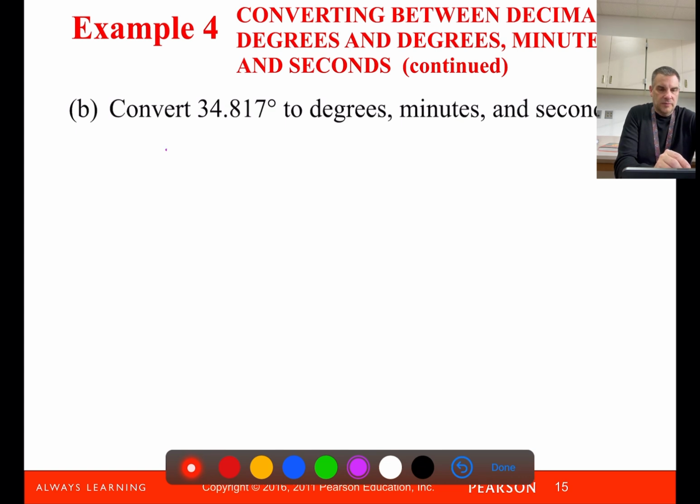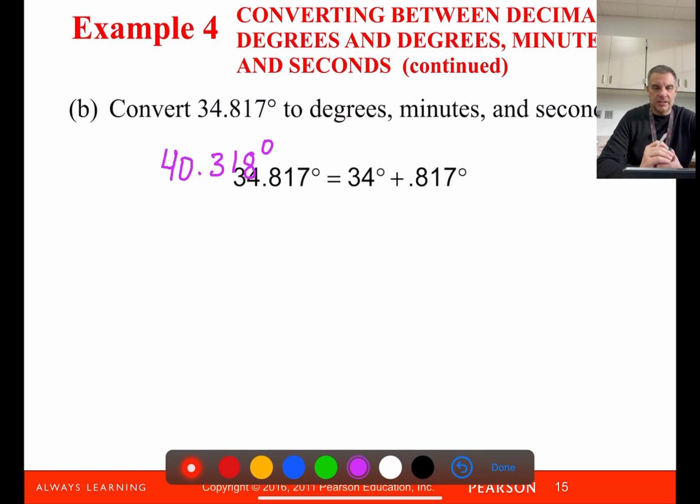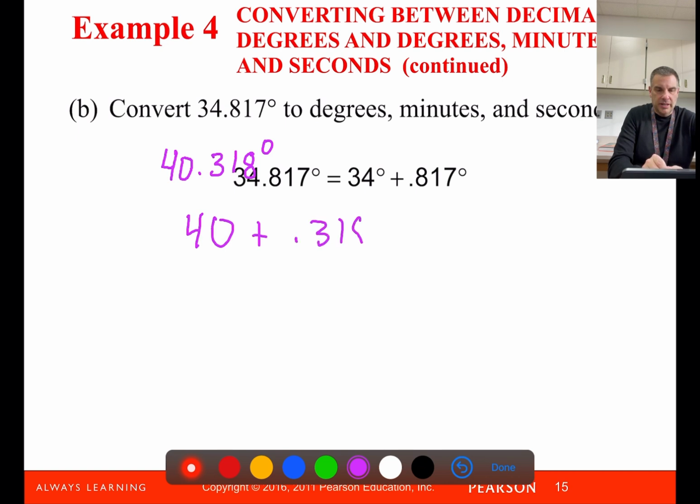Let's go 40.318 degrees, and we're going to change it to minutes. So it's 40 plus 0.318. We'll just do the 0.318 times 60.